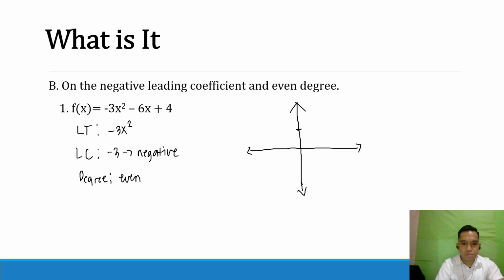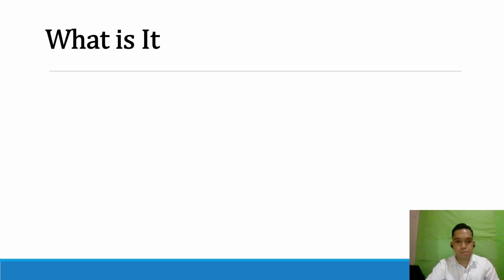So it falls to the left and falls to the right since negative yung ating leading coefficient. Ayan. Falls to the left and falls to the right. So that is the graph of our polynomial function in letter B.